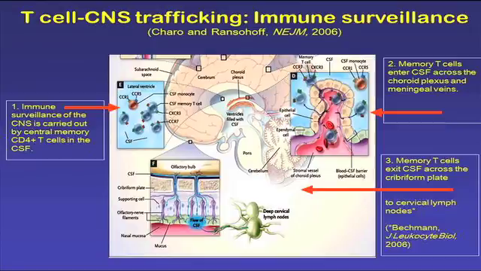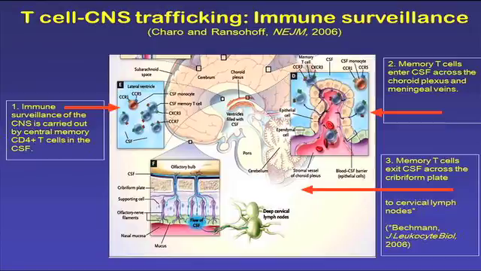Within that tissue fluid, these cells encounter lots of antigen-presenting cells in the form of the meningeal macrophages in the subarachnoid space, and those macrophages spend their time sampling the CSF, which is in equilibration with the interstitial fluid of the brain. So they get a complete sample of the interstitial fluid of the brain.